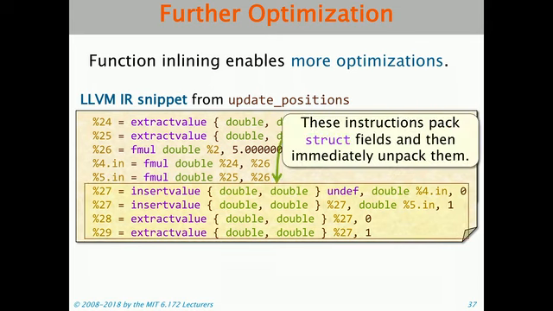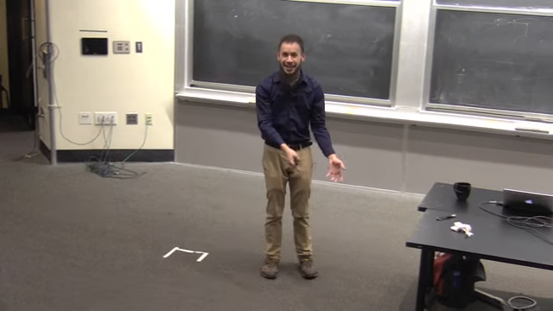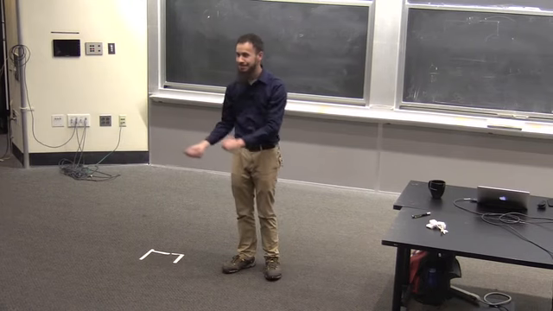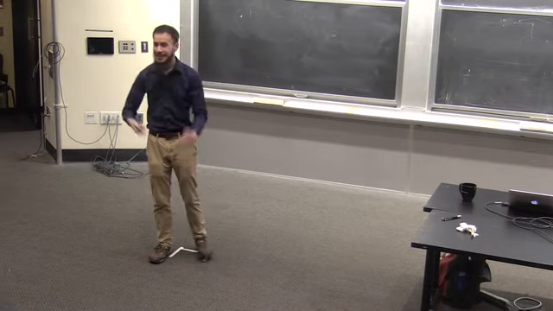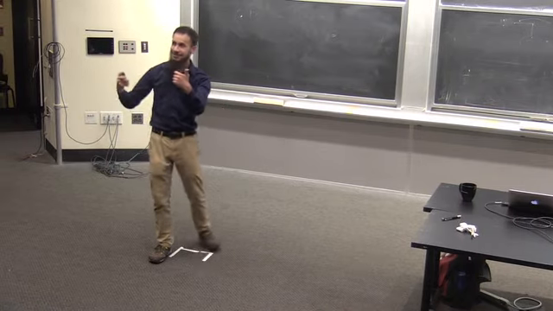The compiler can take a look at these instructions, and long story short, it realizes that all these instructions do is pack some data into a structure and then immediately unpack the structure. It's like you put a bunch of stuff into a bag and then you immediately dumped out the bag. That was kind of a waste of time. That's kind of a waste of code. Let's get rid of it, right?